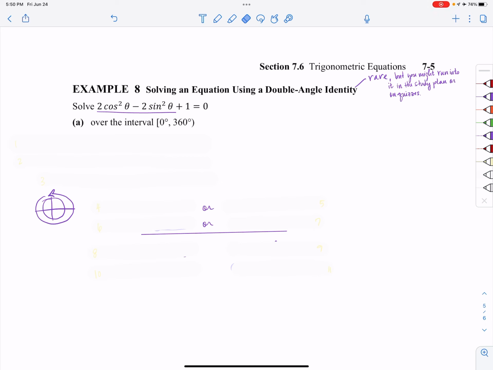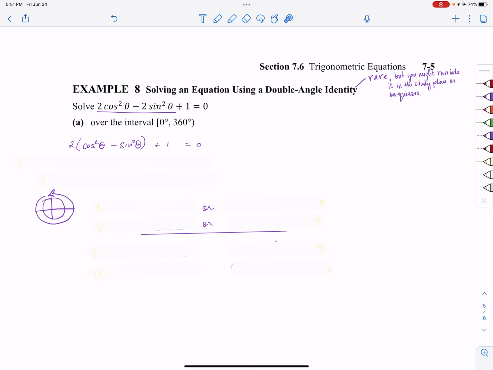All right, so the first thing that I notice, and I am given this hint of working with a double angle identity, I notice that I have this cosine squared minus sine squared. Unfortunately, I have these 2's in there. So just in these two terms, I have a GCF of 2. So what I chose to do was to factor out the 2 just out of those two terms.